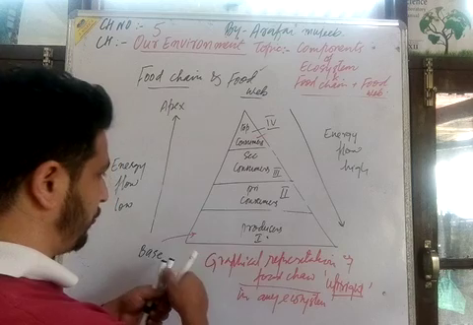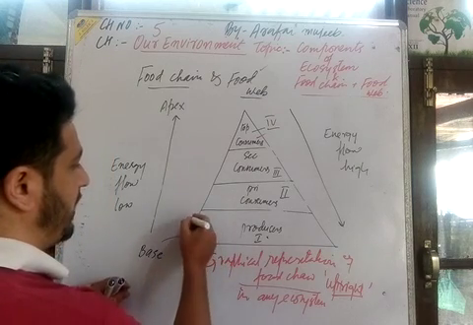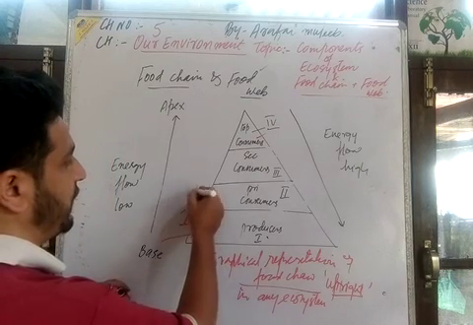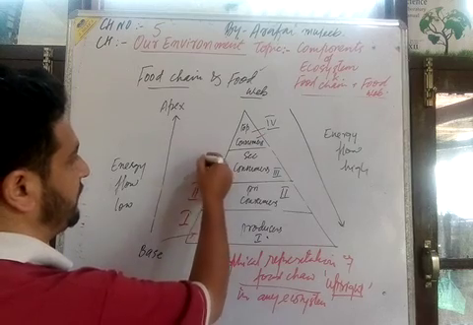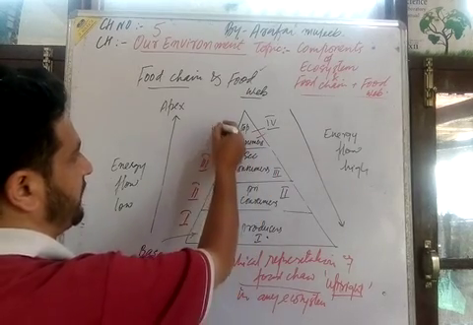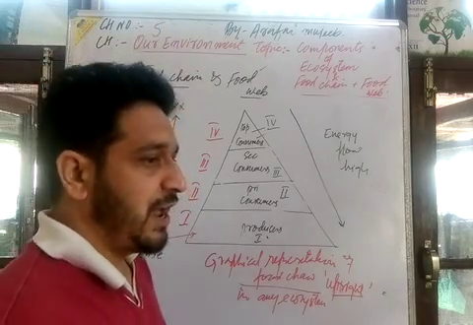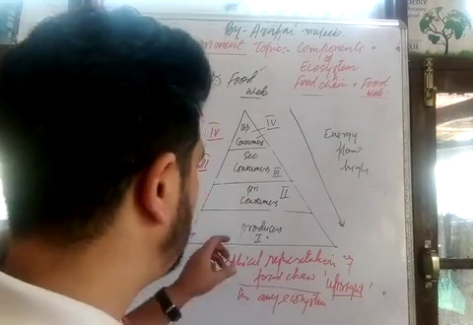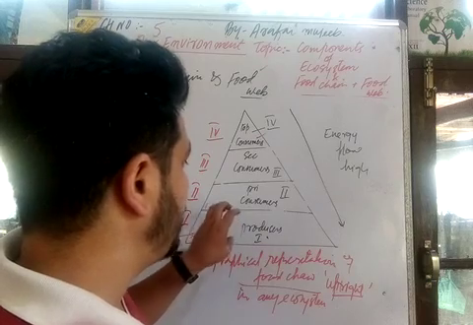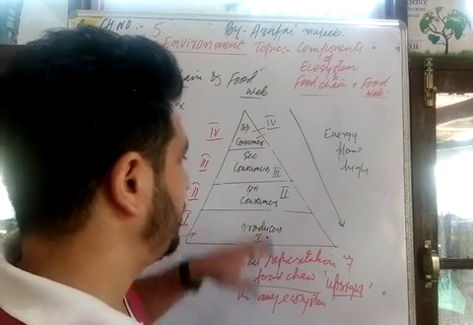As we talk about the trophic levels, here I mentioned the first trophic level, then the second trophic level, this represents the third trophic level, and this represents the fourth trophic level. Trophic levels are the steps or stages at which a particular group of organisms obtains its energy.